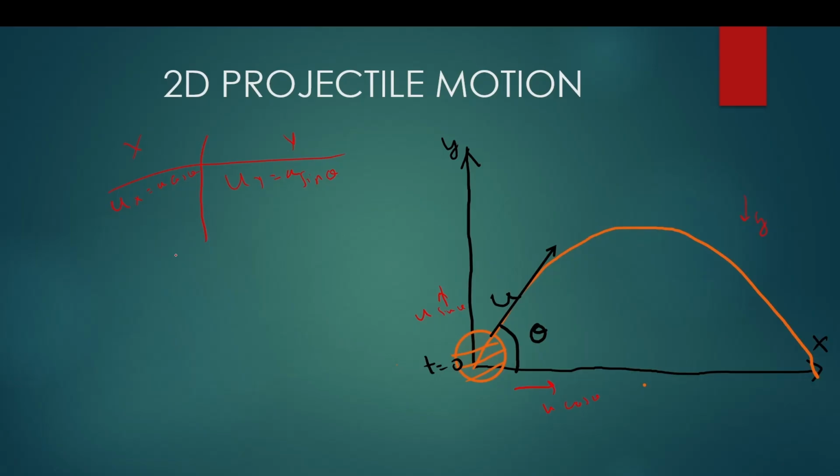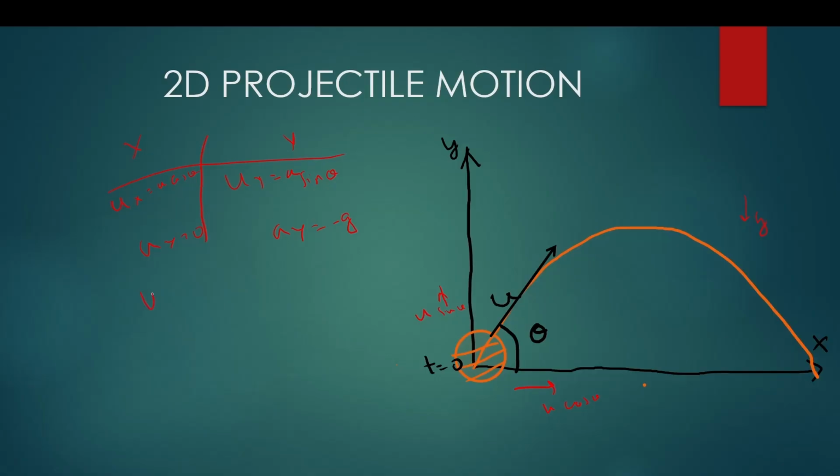Now here in x direction the acceleration ax is always equal to 0, while in y axis the acceleration ay is equal to minus g.